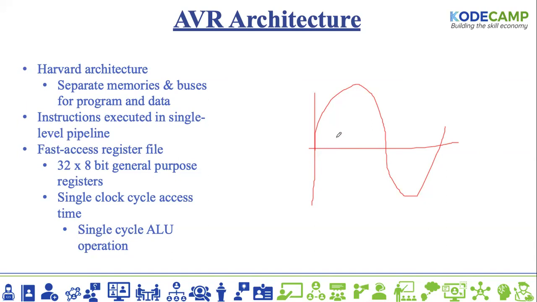And also, since it has a single clock cycle access, the ALU will also run in single cycle operation. So you don't have to wait for some time before you're able to get your data.